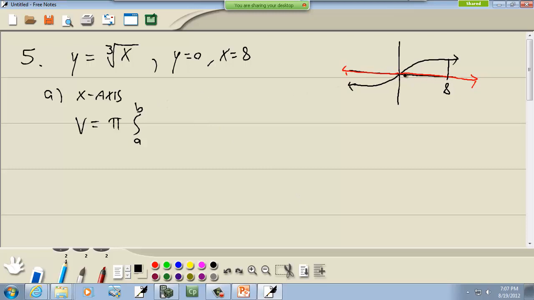Well, this is the disk method. There's no in between. We're just bounding this graph by the x-axis. So this is going to be the integral of pi times r of x squared dx.